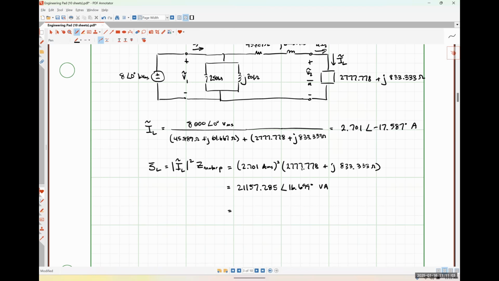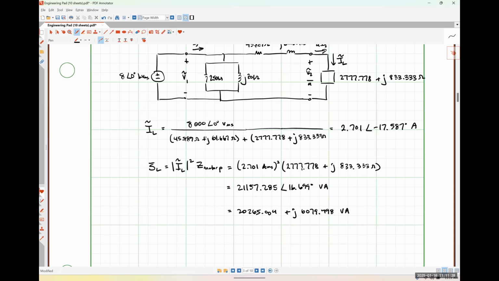And expressed in rectangular form, this looks like 20,265.004 plus j6,079.498 volt amperes. So what's the average power?